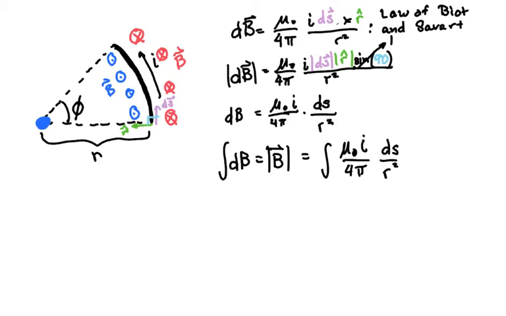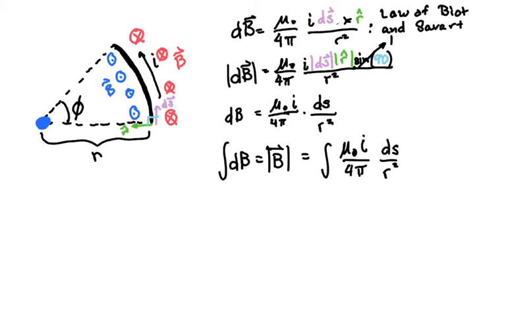Notice that I do not have a closed loop integral like Ampere's law. That's going to be critical because we're only going a certain path, ds, from our start point, which is down here, to our final point up there. So this is a different path vector than Ampere's law.